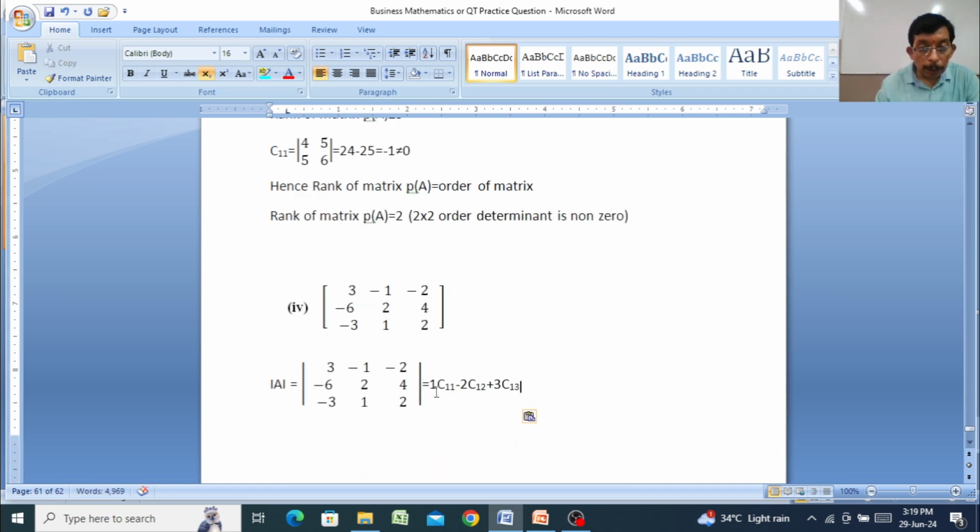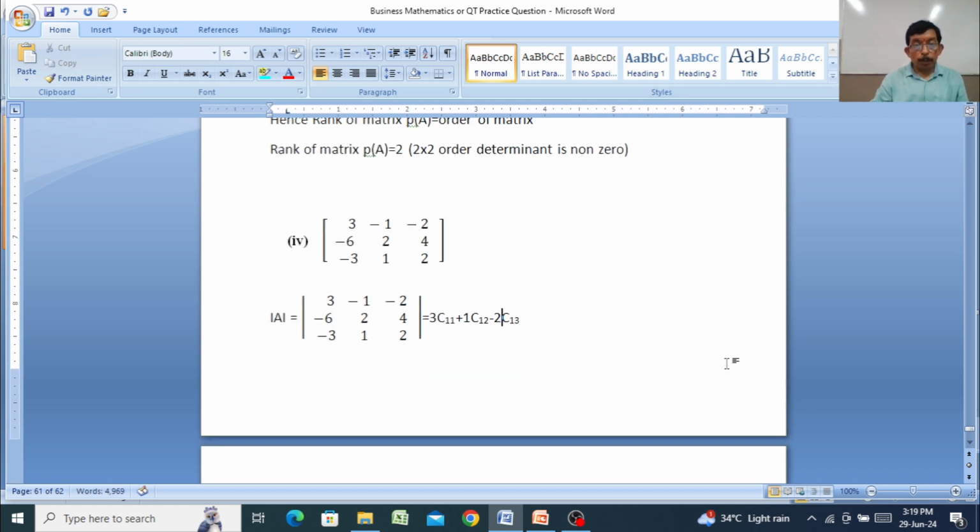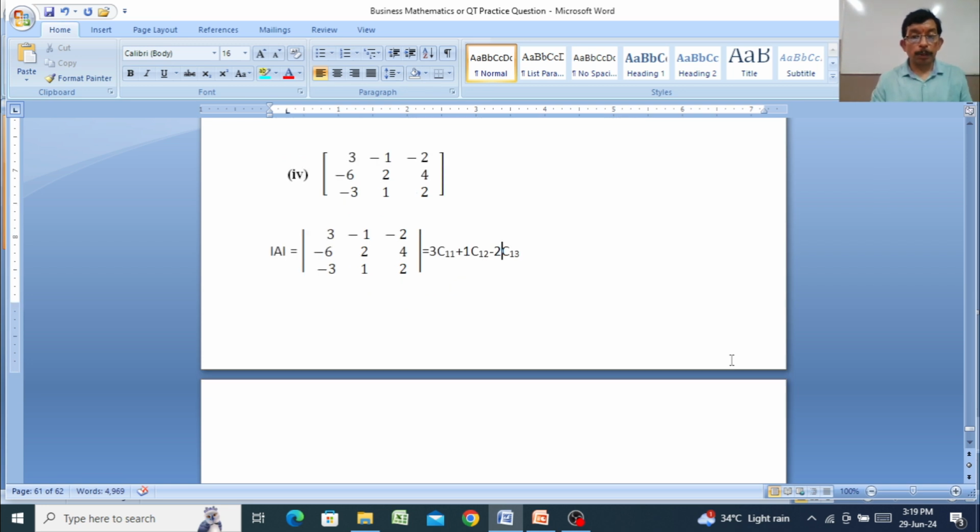The first element is 3, taking 3 with corresponding cofactor C11. The second element is minus 1, then minus times minus 1, plus 1, with the corresponding cofactor C12. The last element is minus 2, and the corresponding cofactor is C13. Now find the values of cofactors C11, C12, C13 in the next step.